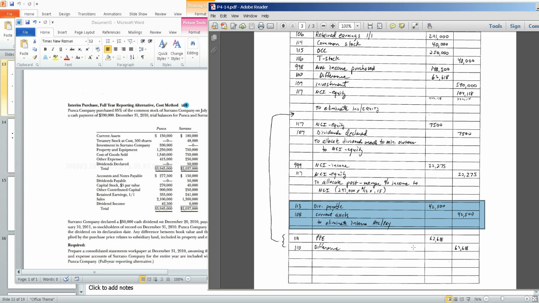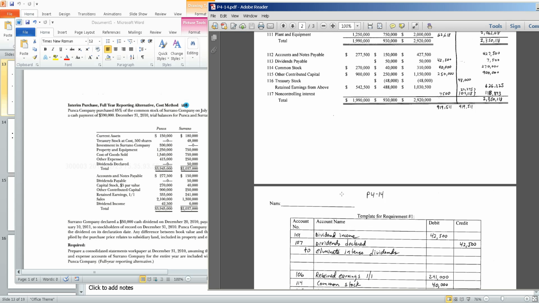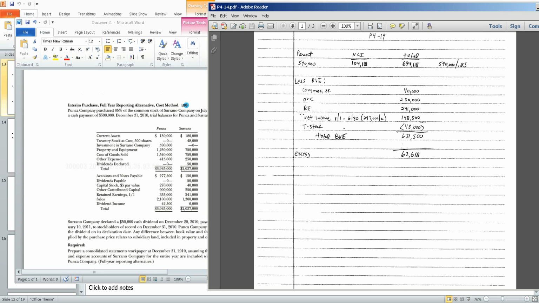So I think that we discussed all the consolidated worksheet entries that we need to make here. The only thing that differs between this problem and the very first problem that we worked before spring break, which I think was exercise problem 4-8, the only significant difference is that we've got this one item.